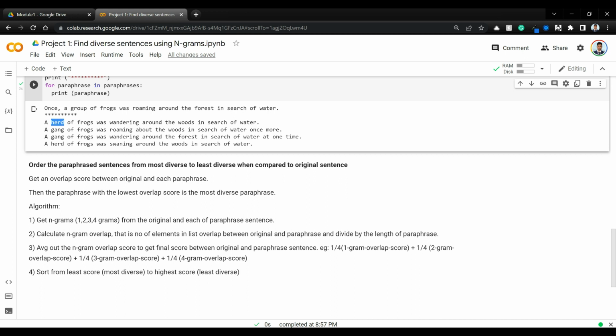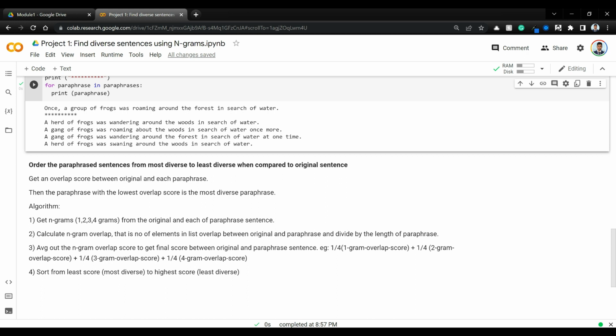So you can take overlapping 4 grams or overlapping trigrams, etc. And similarly, you can get the score by comparing to the original sentence. You can compare how many unigrams overlap, how many bigrams overlap, how many trigrams overlap, similarly 4 grams overlap.